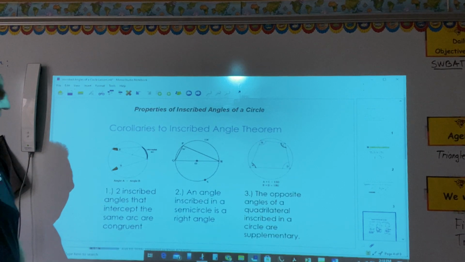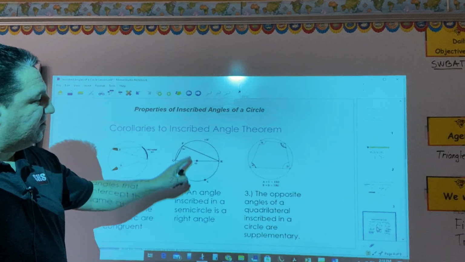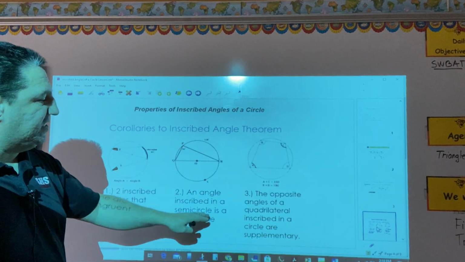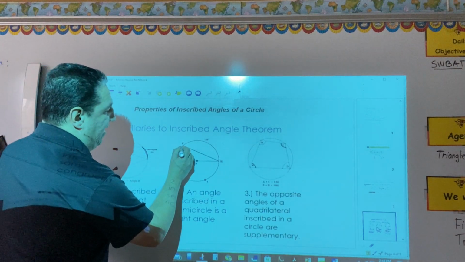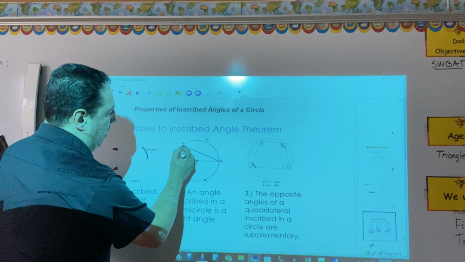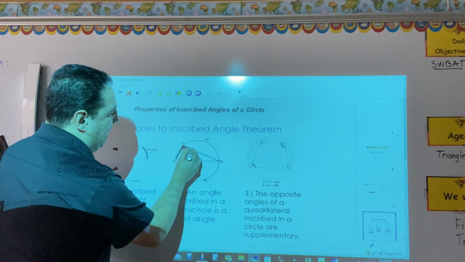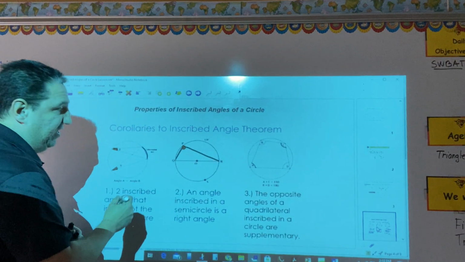Second property: an angle inscribed in a semicircle is a right angle. For example, this is an inscribed angle, because its vertex is on the circle.